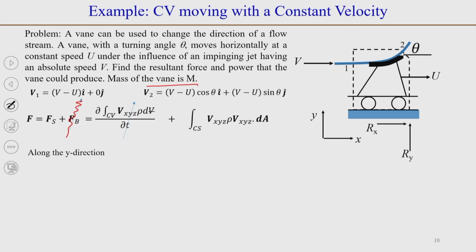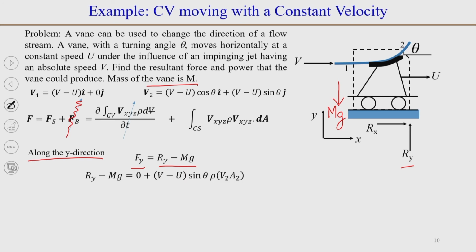Along the y direction, we have F y is equal to R y minus m g. So, R y is the reaction force, and because of the mass there will be a force m g acting in the downward direction. Okay. So, R y minus m g is the force along the y direction.